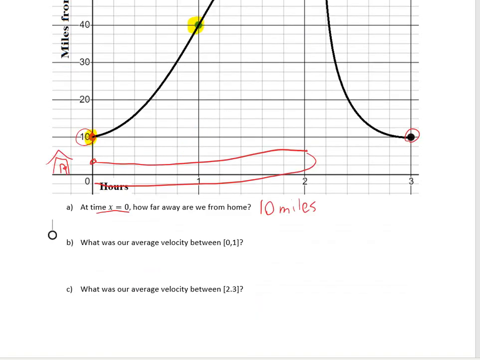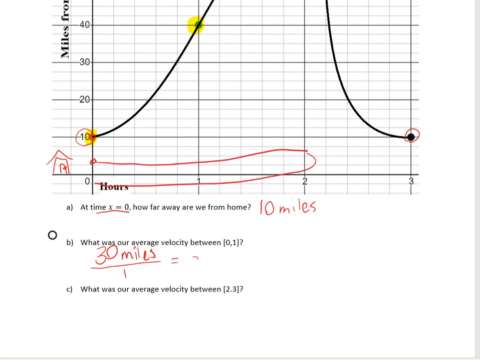What that tells me is that I went a distance of 30 miles. Now, when we're talking about speed, we don't just talk about distance, we talk about how long it takes us to go that distance. So if we're looking between hour 0 and hour 1, it took us 1 hour.